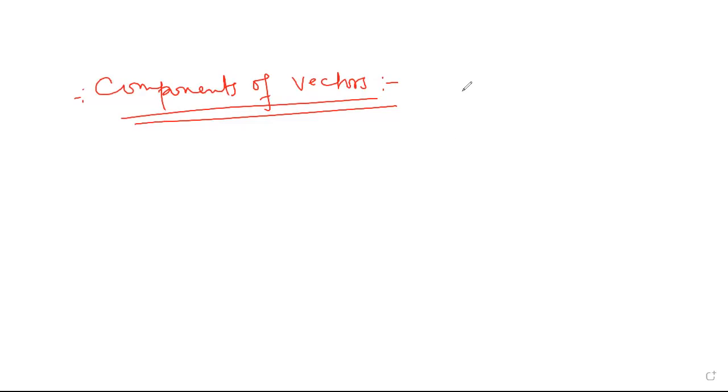Consider this figure to understand this. So let me draw the figure. Let me complete the figure, then I will explain it.